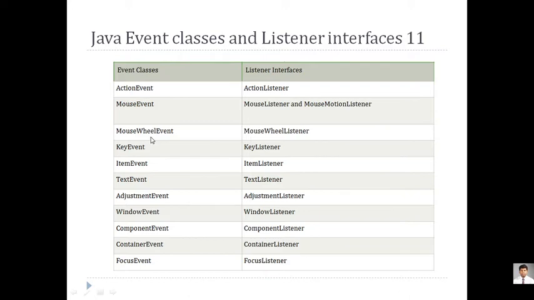Now this is associated with the mouse that has a wheel in the center between the left and right button, and that event will be generated whenever you are using that wheel. So that is mouse wheel event, and there is one interface, that is mouse wheel listener. So it is very simple to understand. You just have to keep in mind the names of the classes. Automatically, its corresponding listeners will be in front of you.